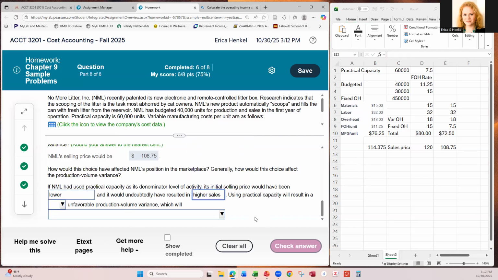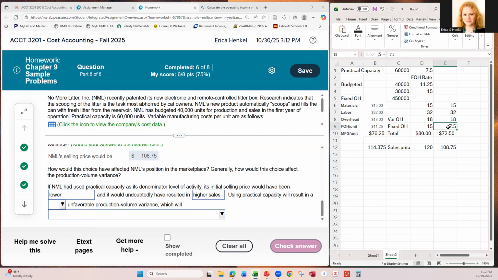Using our practical capacity, let's see. So thinking about that though, like in our production volume variance, we would be allocating out less.